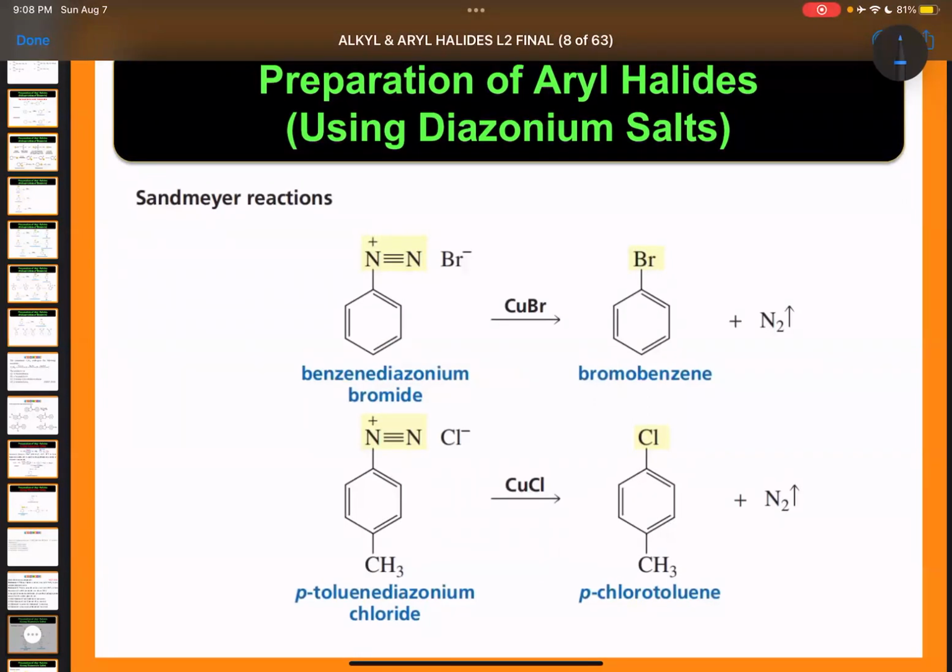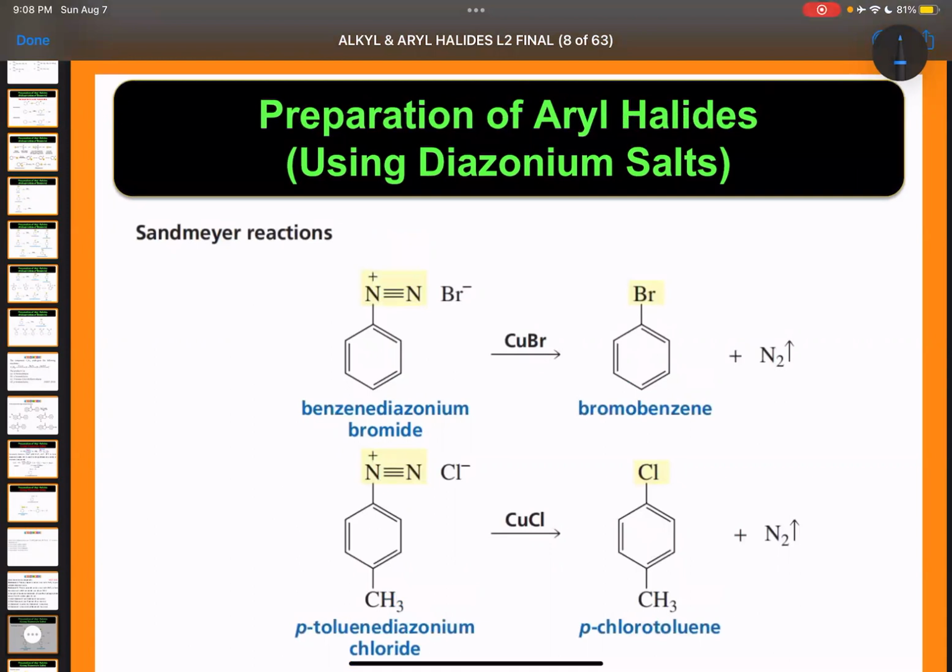there are two methods to put Br and Cl. And what are the two methods? One is Sandmeyer and another is Gattermann. So in Sandmeyer, what do you take? In Sandmeyer, you take cuprous salts and HBr.